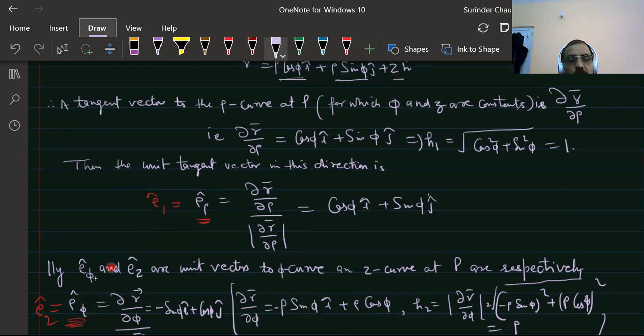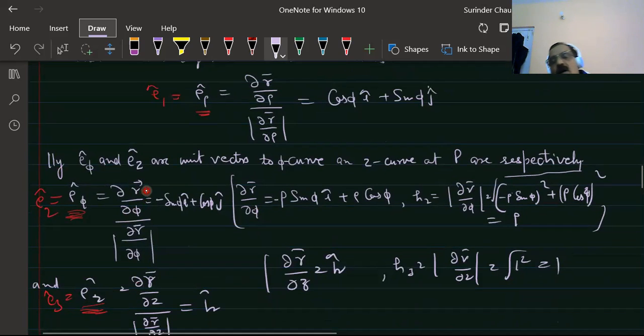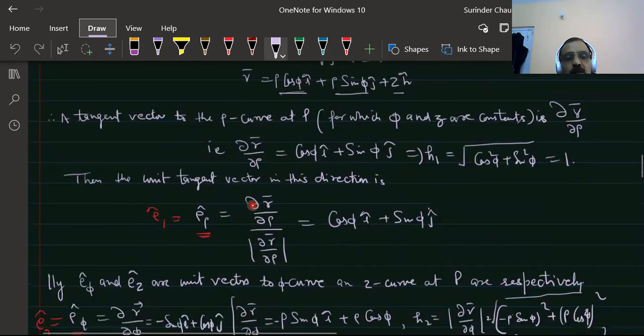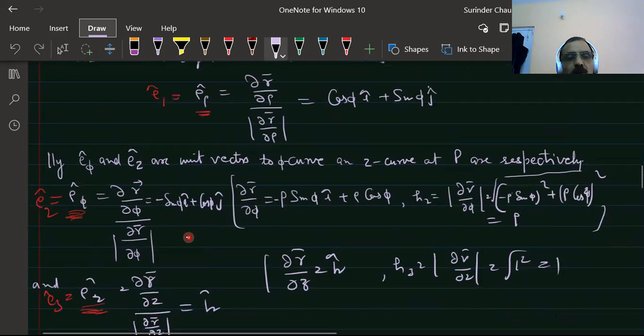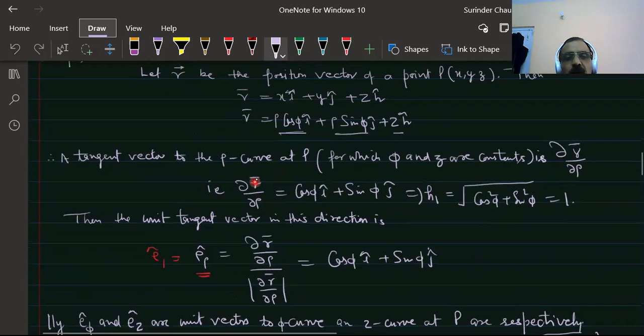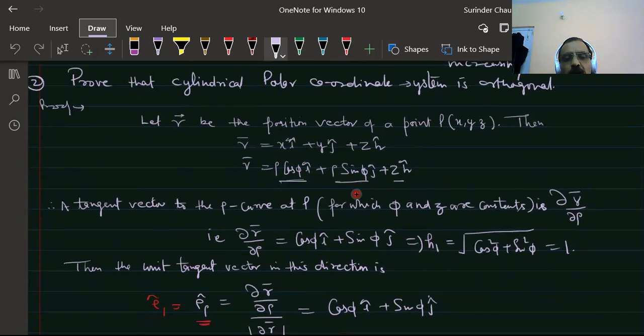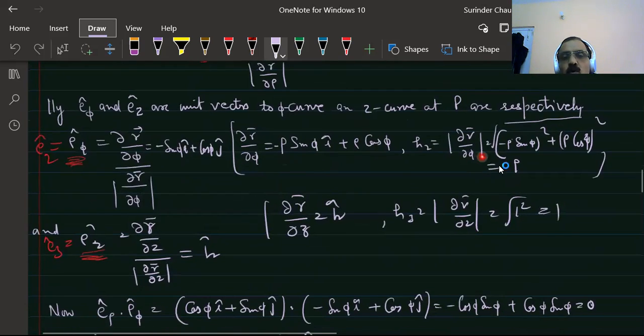Similarly, we can find the E phi vector and the E z vector, which are unit vectors tangent to the phi curve and z curve at point P respectively. So E phi is the partial derivative of R vector with respect to phi upon its magnitude. The partial derivative is minus rho sin phi i plus rho cos phi j, and the modulus of this is equal to rho.